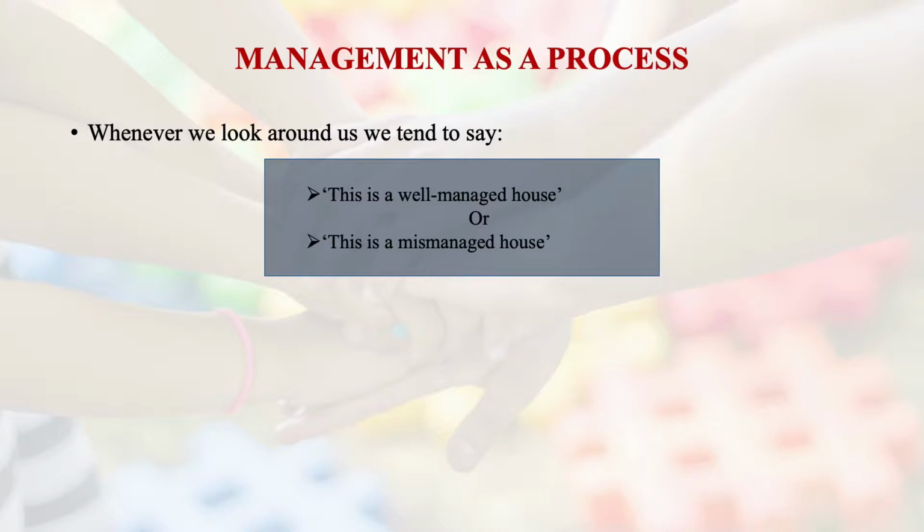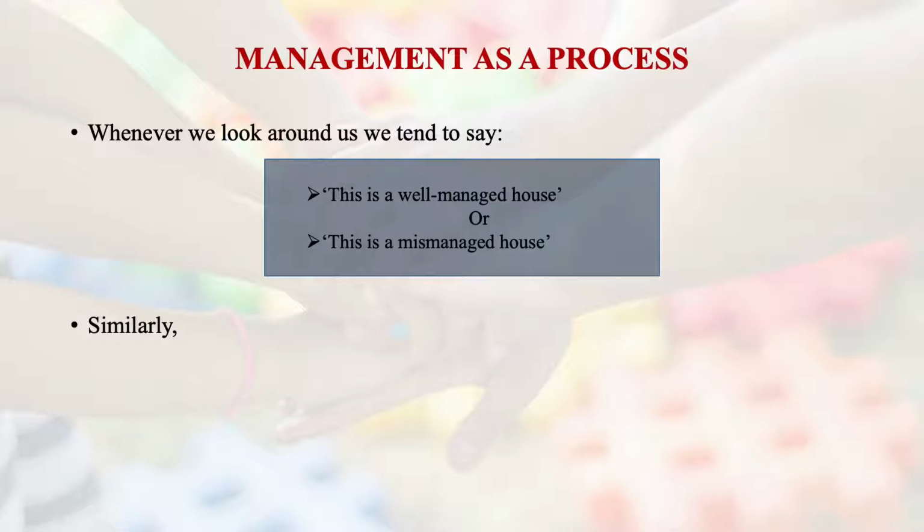So when we come to the process of management and talk about management as a process, we now know what a process is. When we talk about management as a process, we need to understand certain statements. When we look around, we tend to say of a house that this is a well-managed house, or a mismanaged house, or that this house has not been managed so well.